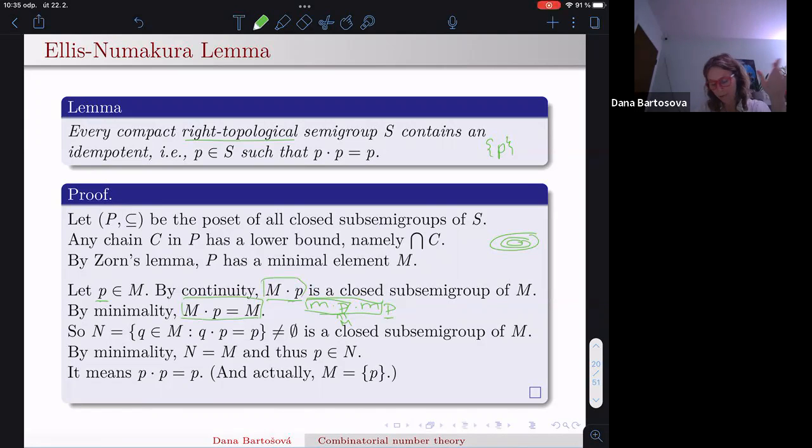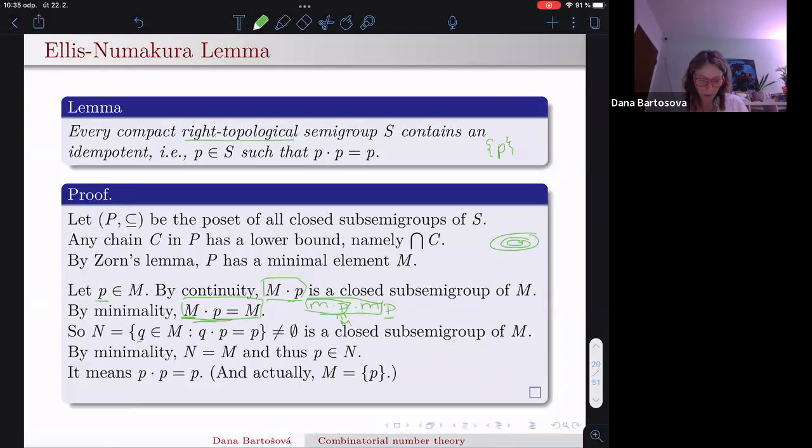So now if it's M itself, then M times P has to contain P because M did. So we're going to look at all those Q's in M that map P to P. And this has to be non-empty by this equality here. And this is again going to be a closed subsemigroup. Well, it's easy to see that it is a subsemigroup.